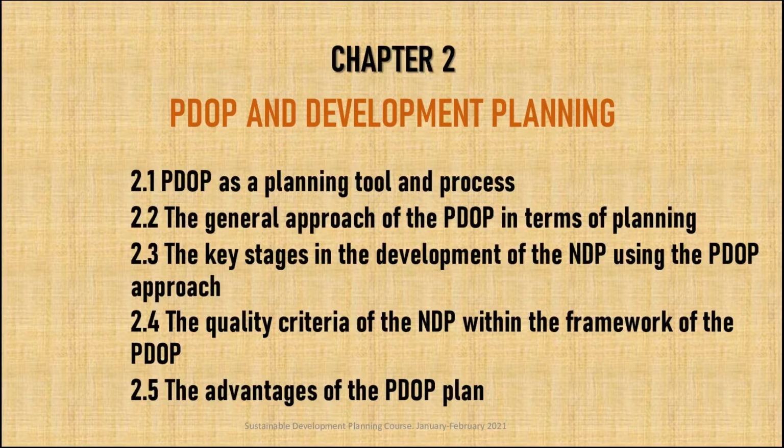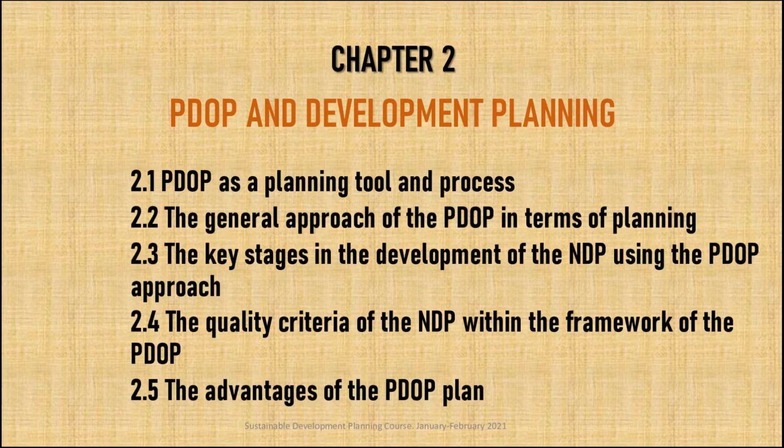Chapter 2. How do we use PDOP for development planning? It will be developed in 5 sections. First, PDOP as a planning tool and process. Second, the general approach of the PDOP in terms of planning.